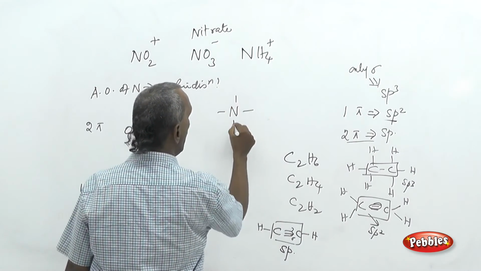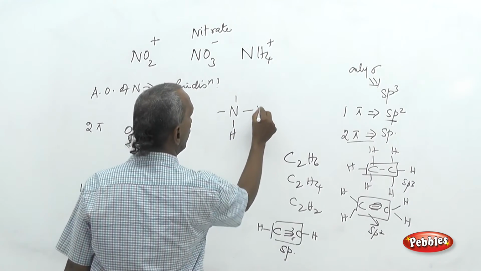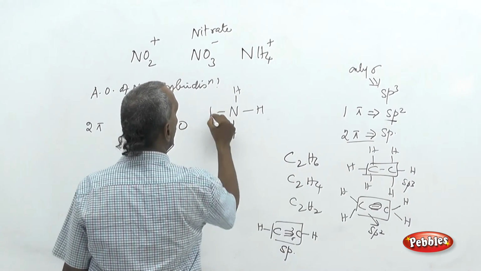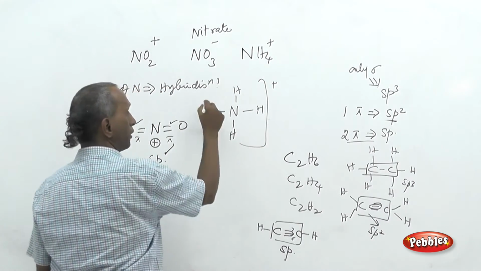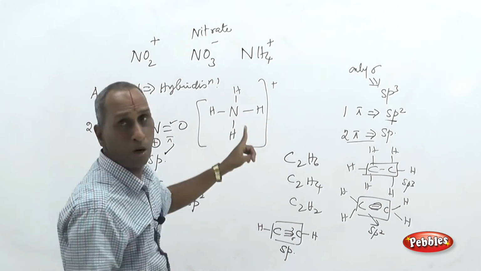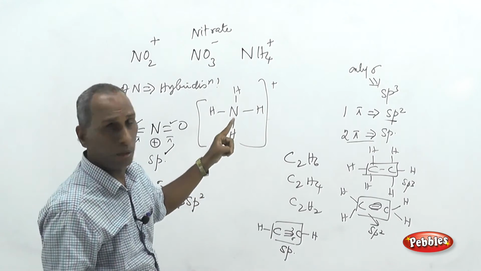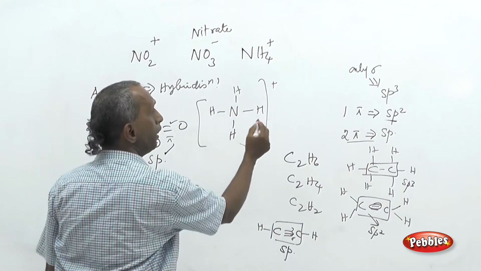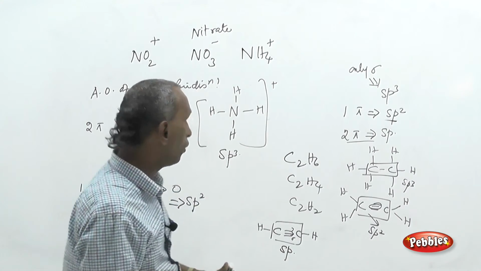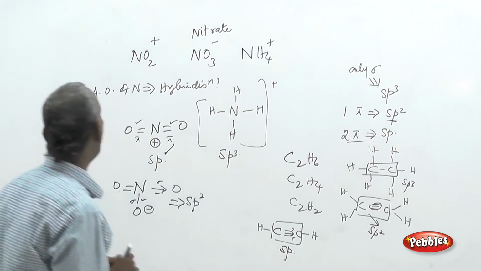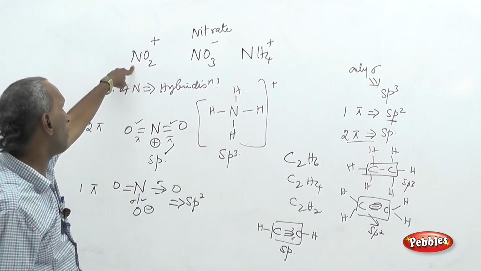The ammonium ion is NH4 plus. Everywhere it is only single bonds, so it is sp3 hybridization. So the correct hybridization: NO2 plus is sp hybridized.